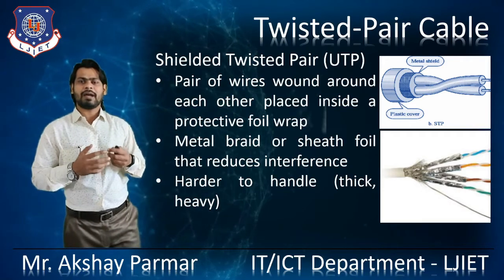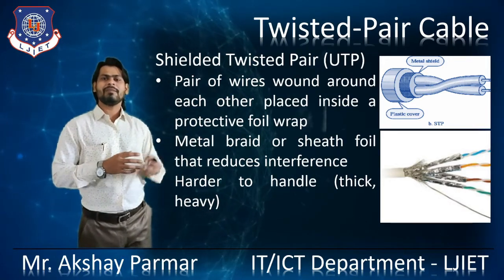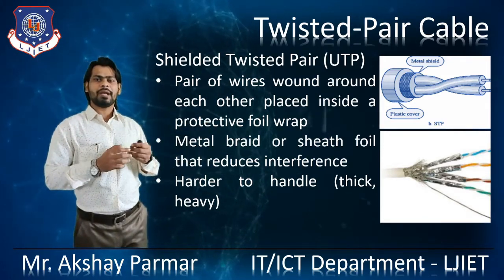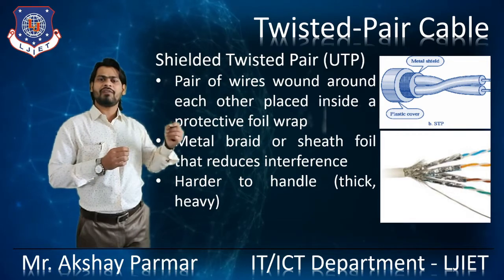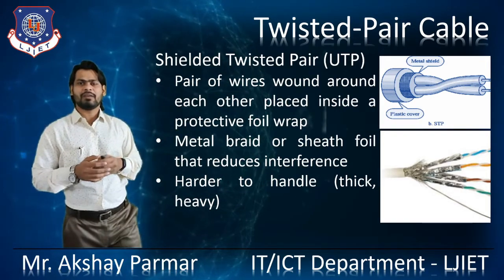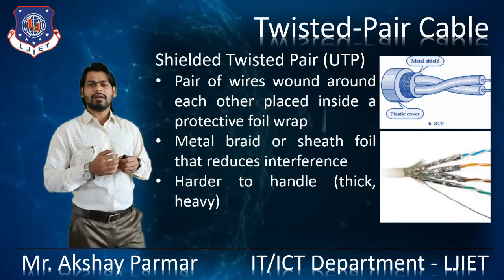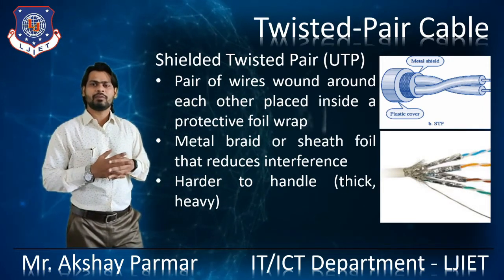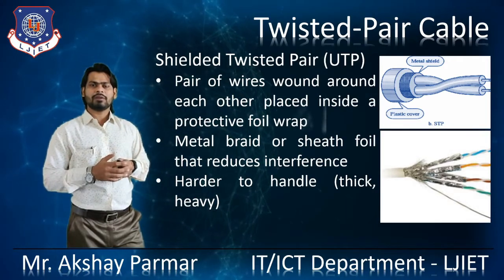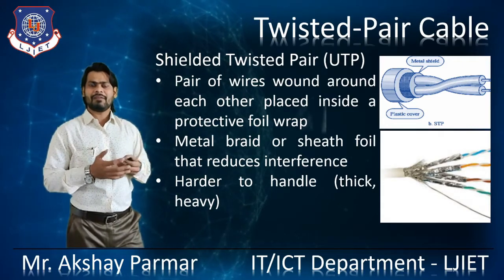A metal braid or sleeve of foil reduces the interference. That's why we are using the shielding. It is difficult to work with the STP, it is harder to handle because the wire is really thick compared to UTP and it is heavy also.